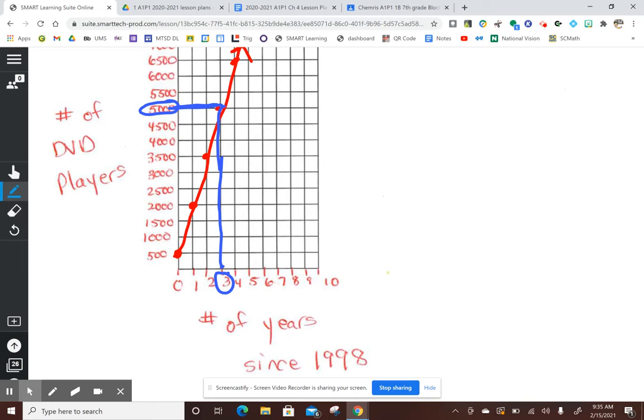Now, the other question says, identify the domain and the range. Okay, so the domain would be all the possible x values. Well, one way to determine the possible x values is to look at your graph.